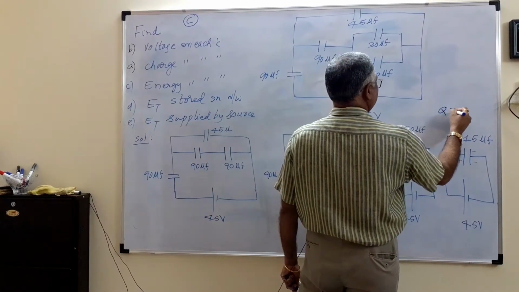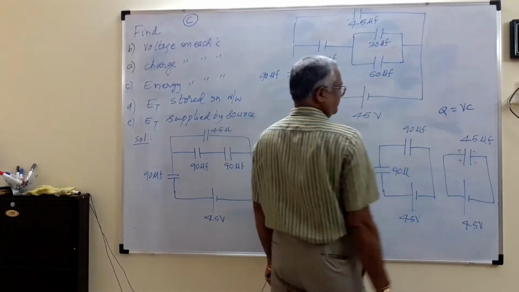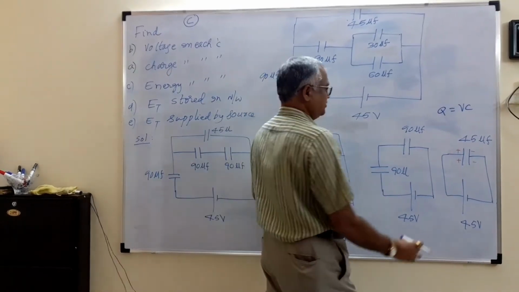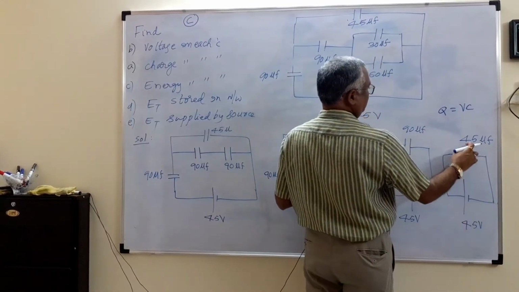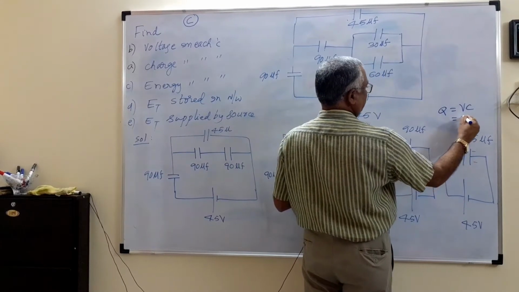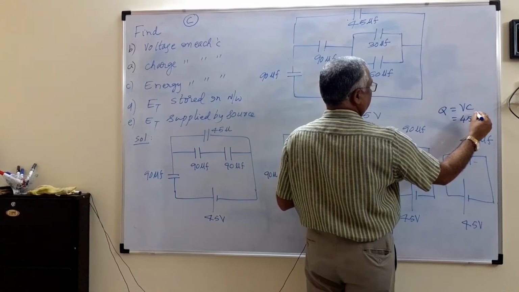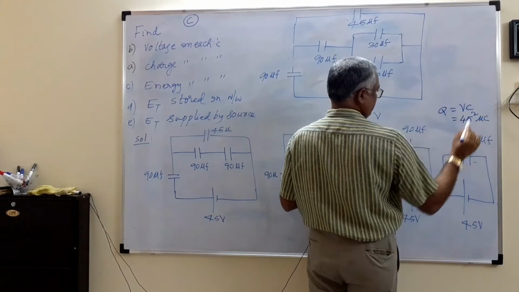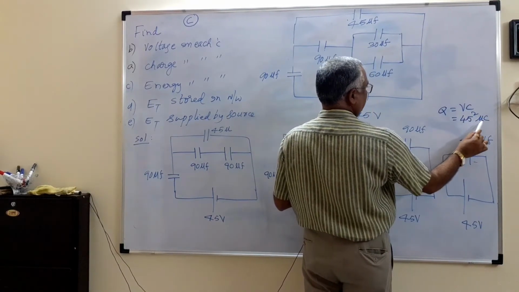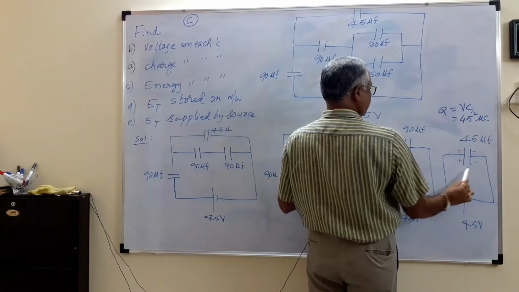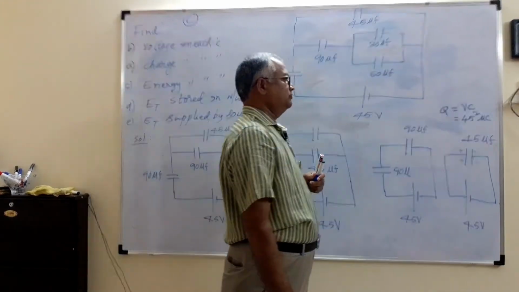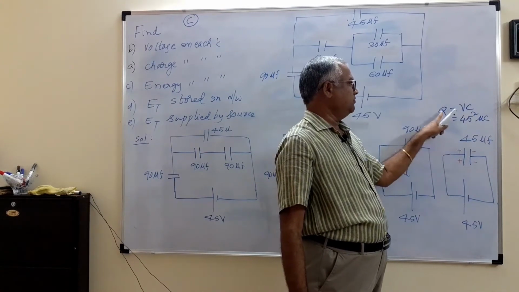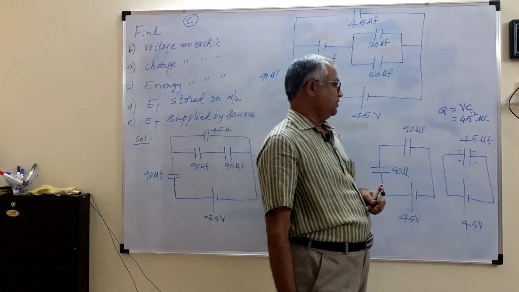Charge is nothing but V into C. So V is 45, C is 45. So we will get 45 square microcoulombs. 45 square microcoulombs is the charge in this capacitor. I just used this formula, voltage multiplied with the capacitor value, I got the charge.